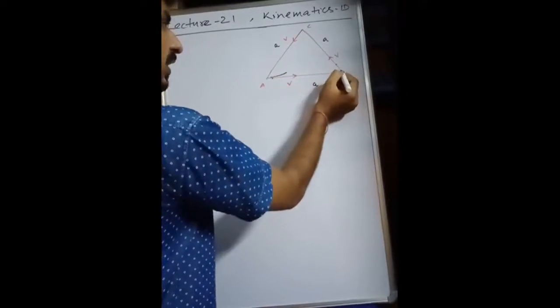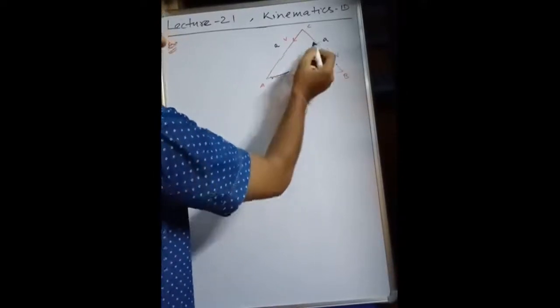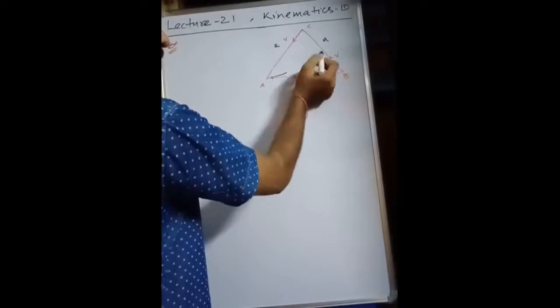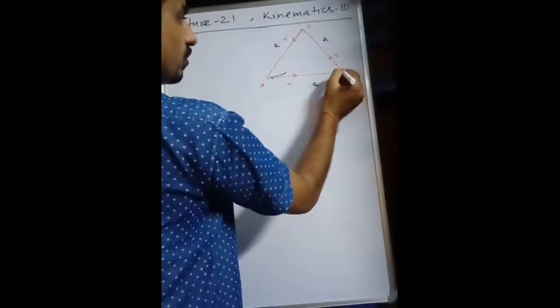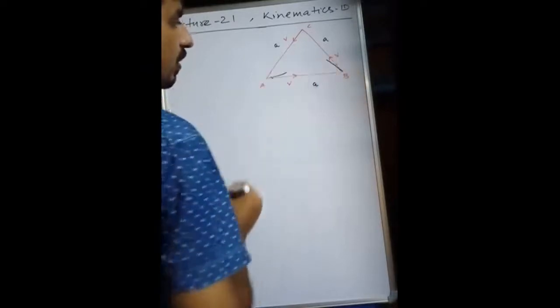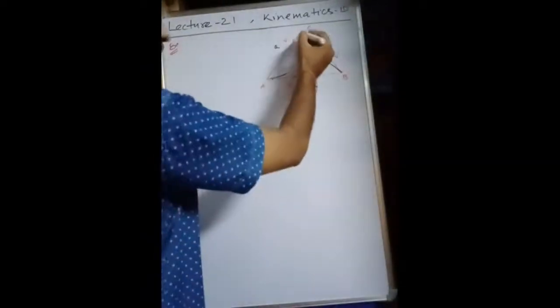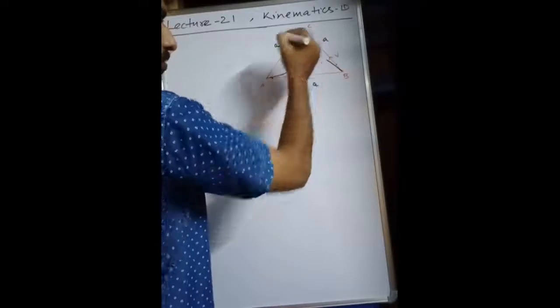As A is moving towards C, C is also moving forward, so he will also change his direction of motion, and C will also change its direction of motion.